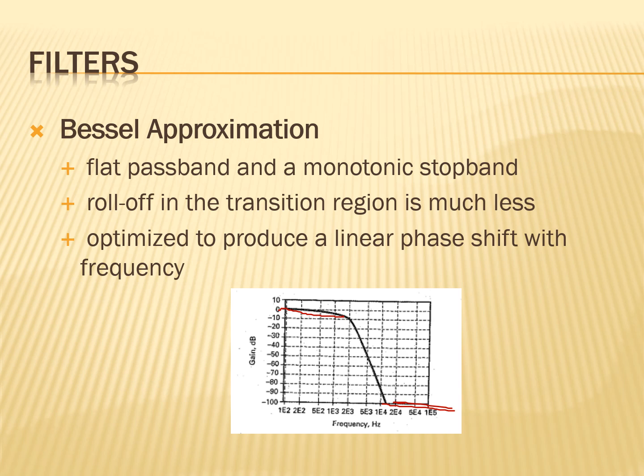But we cannot get that. However, a linear response will give us a phase shift which increases linearly with frequency. So if it has something to do with linearity in terms of phase shift, the Bessel approximation is the best approach.